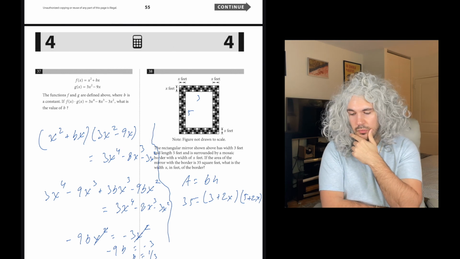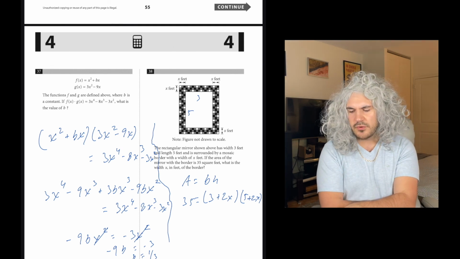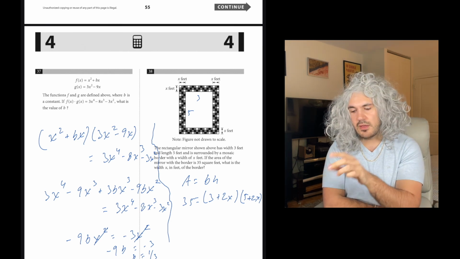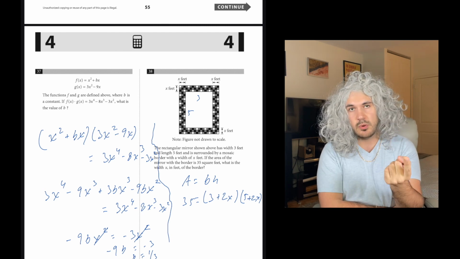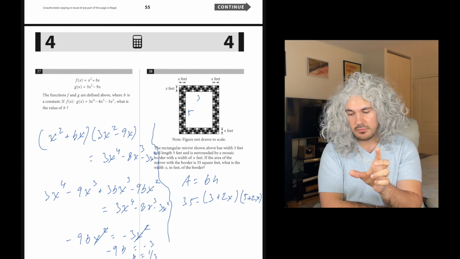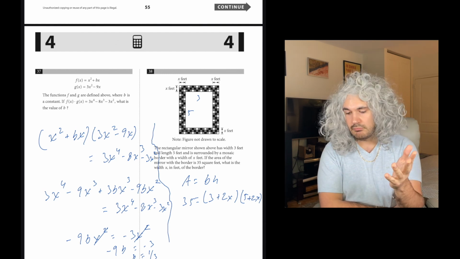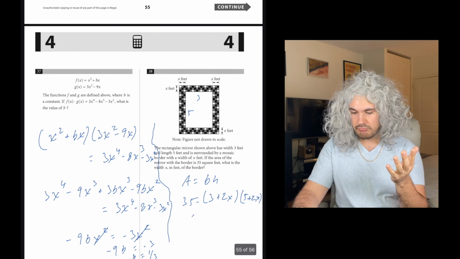So what if we make the first term the 5? So 3 plus 2x is 5. If 3 plus 2x is 5, that means x would be 1. That means the other term would have to be 7. And if x is 1, the other term becomes 7, which means that x should just be 1.